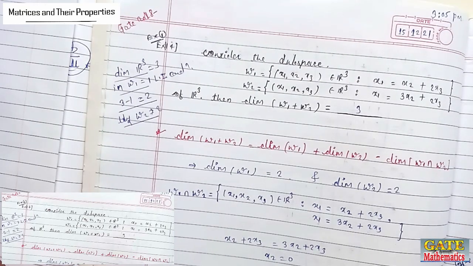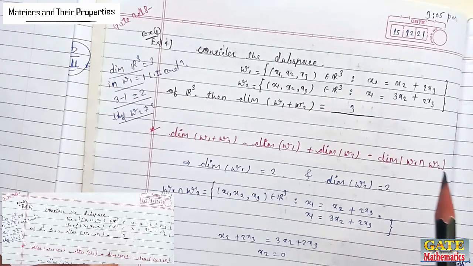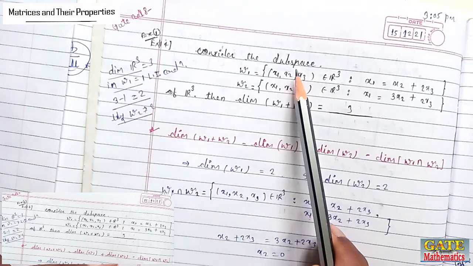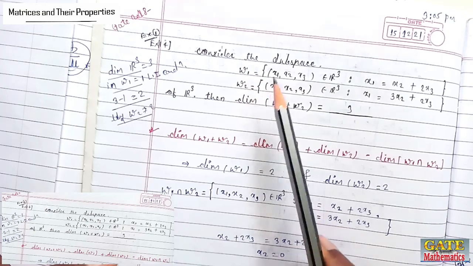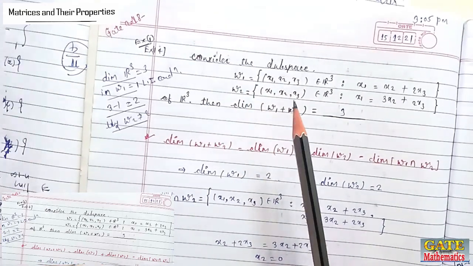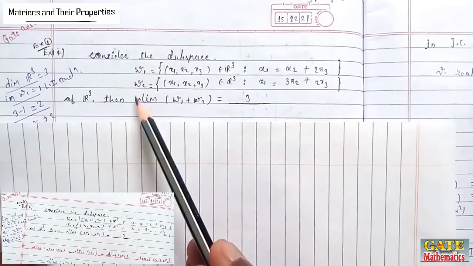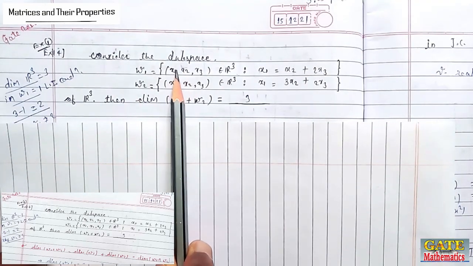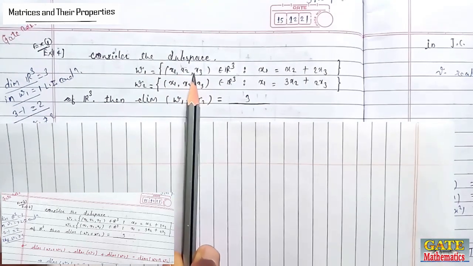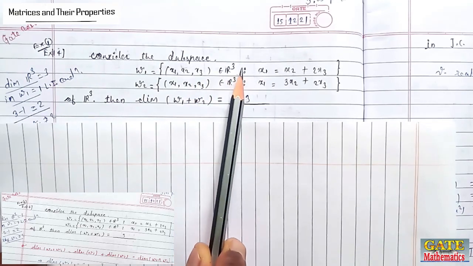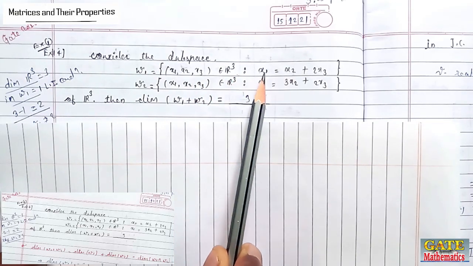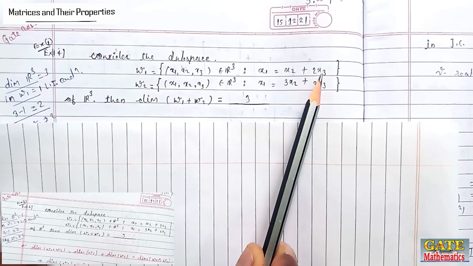Here in our question, we have been given subspaces W1 and W2. W1 contains x1, x2, x3, three elements from R3, where x1 can be written as x2 plus 2 times x3.